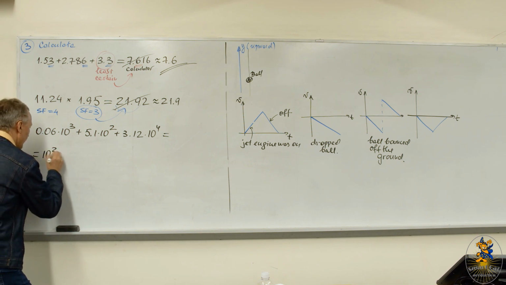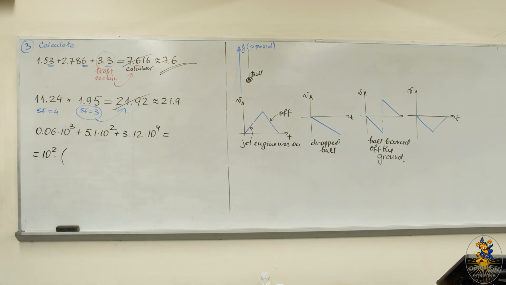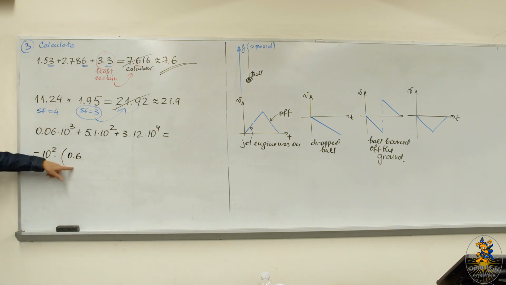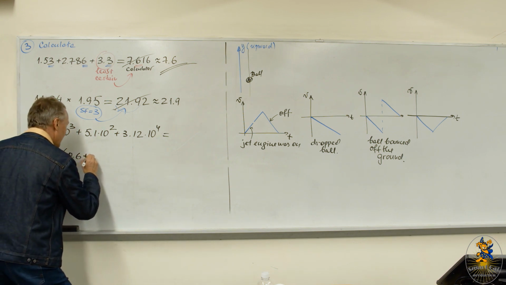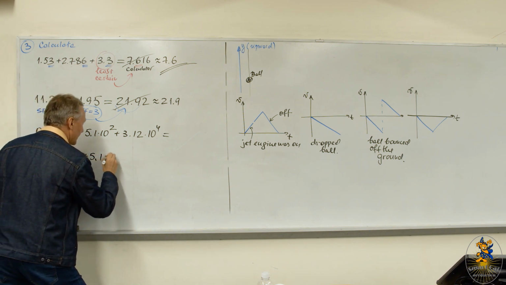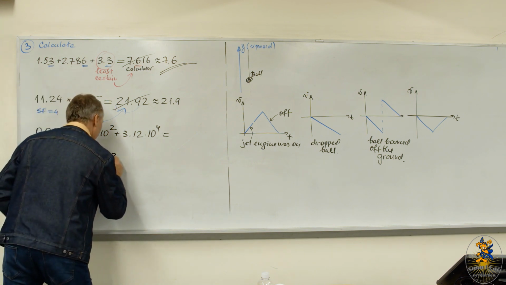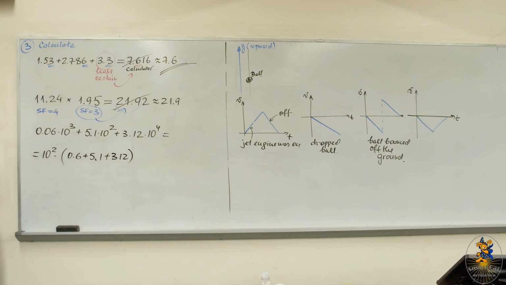So 10 to the power of 2 times, over here, it will be 0.6, right? 0.6 times 10 to the power of 2. Yeah, it's correct. Then nothing can be done with the second, 5.1, and then plus 312.